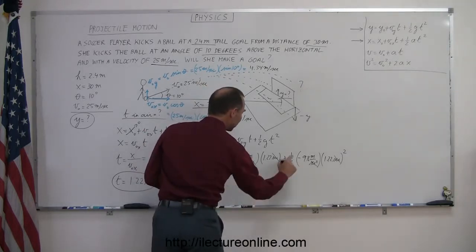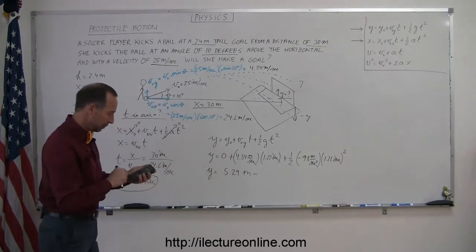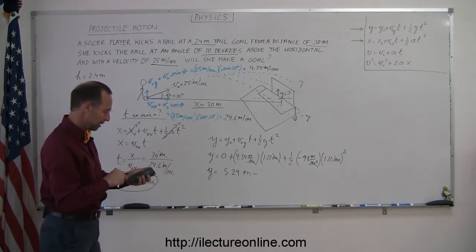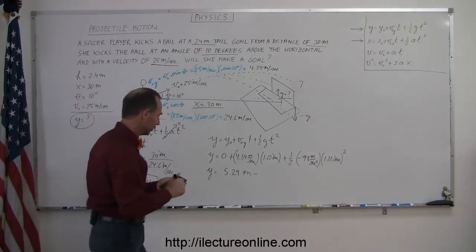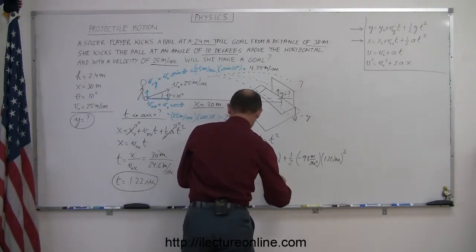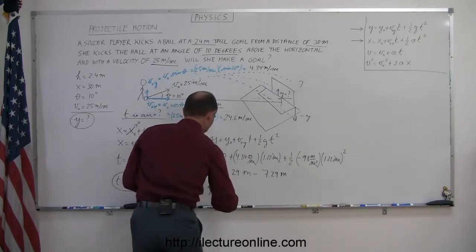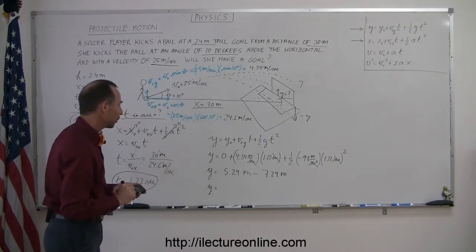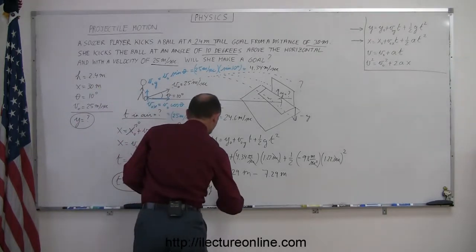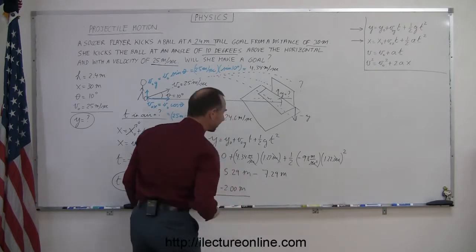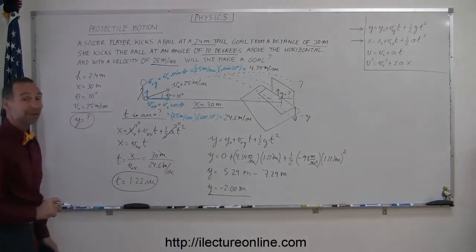And that would be minus, calculating that part, 1.22 squared times the 9.8 times the 0.5, that's minus 7.29 meters. And so if I take 5.29 minus 7.29, that would be minus 2.00 meters. The final height of the ball is 2 meters below the ground.